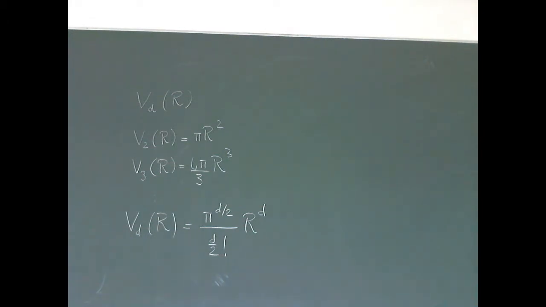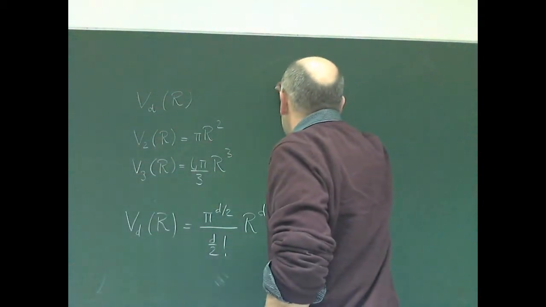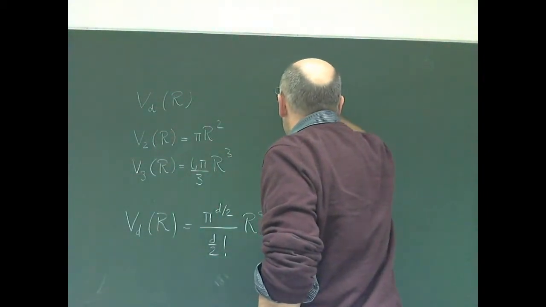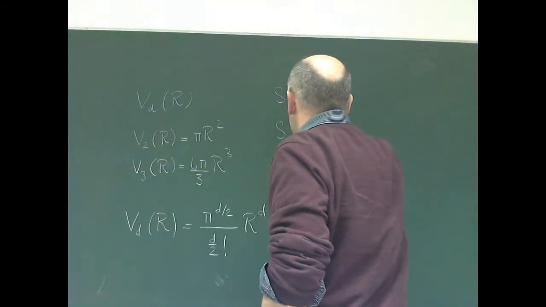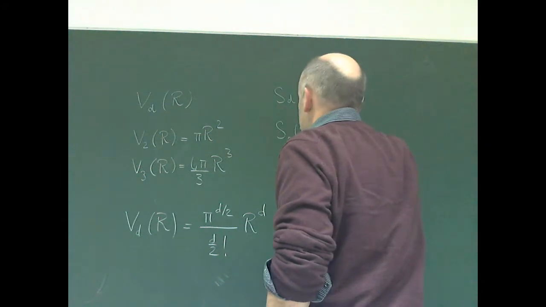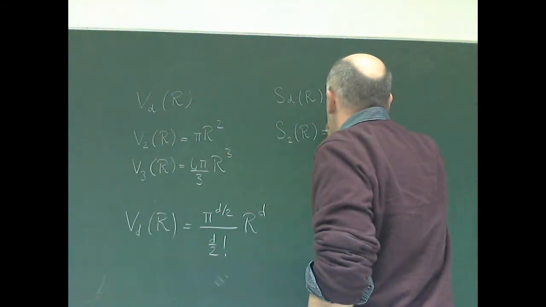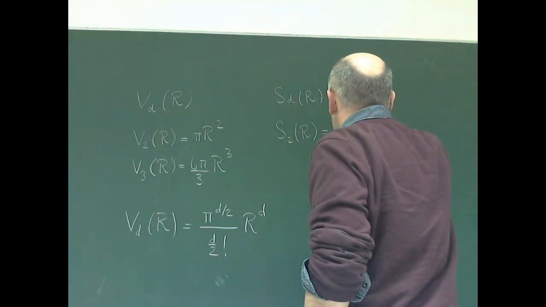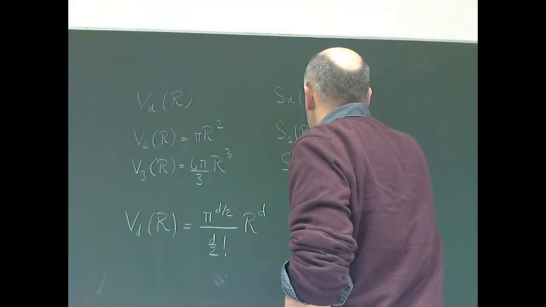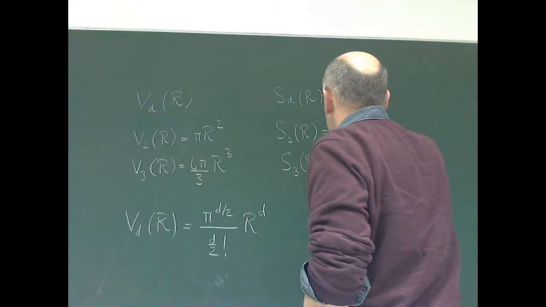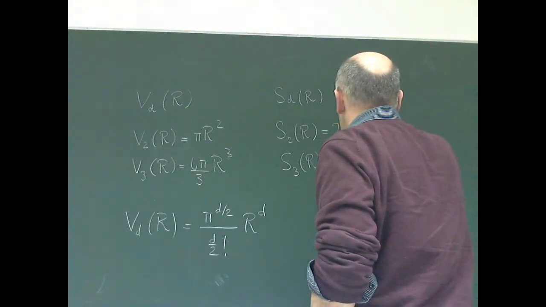To obtain this quantity we can relate it to the surface of a sphere in d dimensions. In 2 dimensions, the surface is the length of the circle, 2 pi r. In 3 dimensions, the surface of the sphere is 4 pi r squared, and so on.